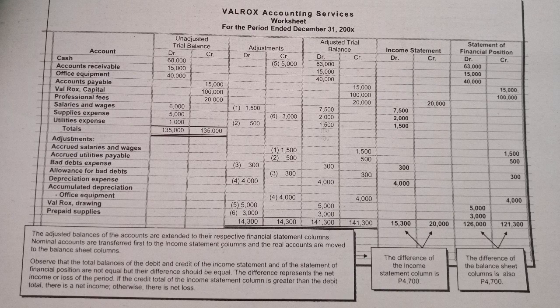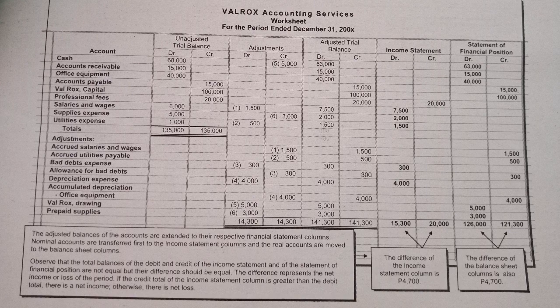Ang nasa income statement lang are those income statement accounts. Of course, the income accounts and the expense accounts. So, hindi natin sinama yung cash, AR, and so on. Again, ang makikita lang sa income statement, the two elements that are present are the income and the expenses. So, wala na kayong titingnan kundi ang adjusted trial balance lang.